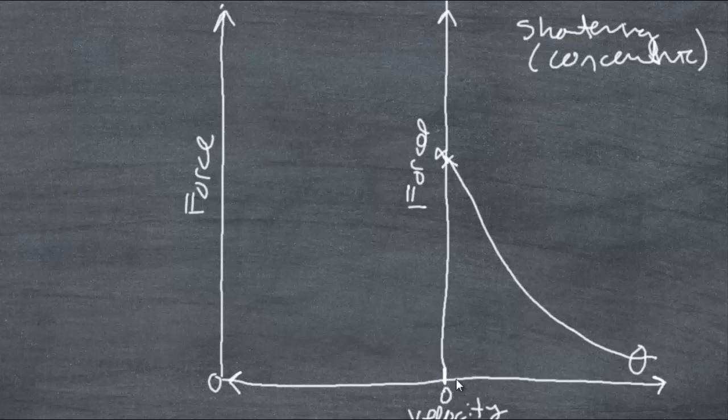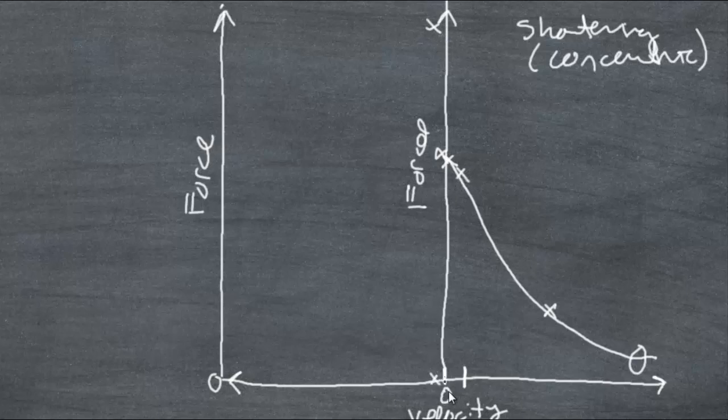Velocity is 0, and then we keep on moving faster and faster. This is kind of like the halfway point, where we're moving a little bit fast. What this tells us is that we're able to generate the most force during a concentric contraction when we're moving very, very slowly. Right here, when we're moving very slowly, we're able to generate a whole lot of force, because force is higher up here than it is down here.